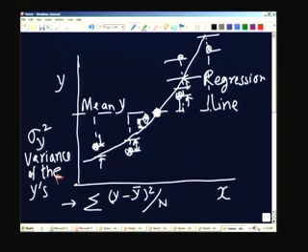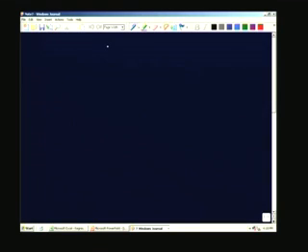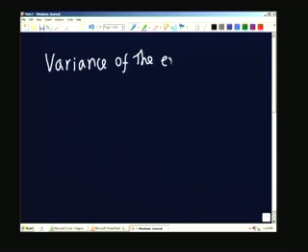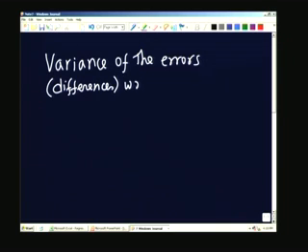I will go to the next screen so that it is not cluttered. So, I can also define the variance of the errors, or if you want to call them, differences with respect to the regression line.